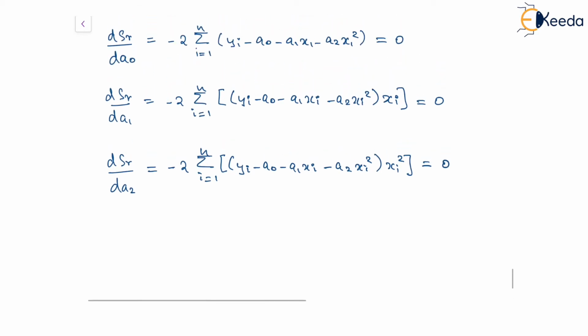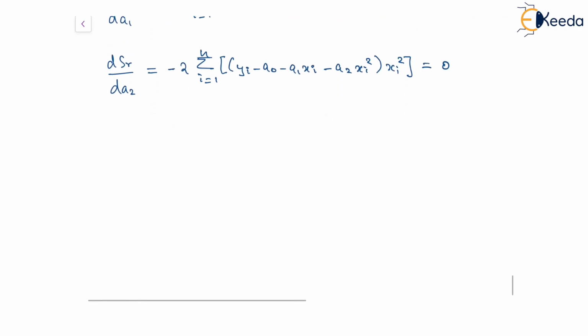So these are the conditions which will be used to find the variables a0, a1 and a2. Using these conditions, we can form the equations known as the normal equations, which will be used to find the constants. So let us see what the normal equations are in that case.